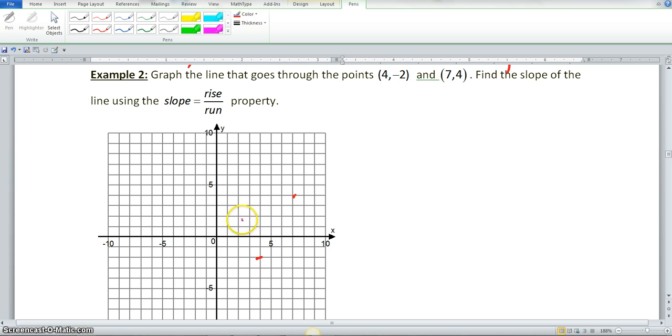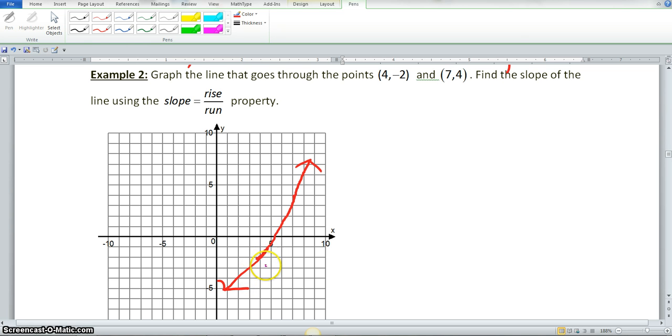Okay, now what we want to do is find the slope. So what we could do is rise over run. Well, first of all, let's connect these points before we do the rise over run. Now, of course, I would try to draw a straight line, but you would actually have a better chance of doing it than I do.